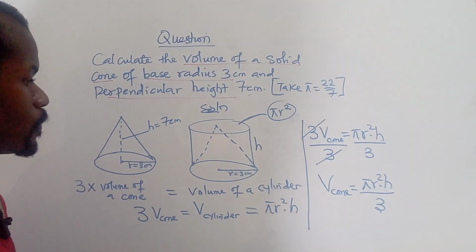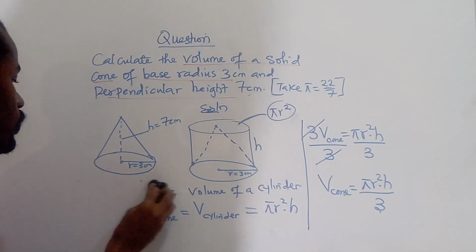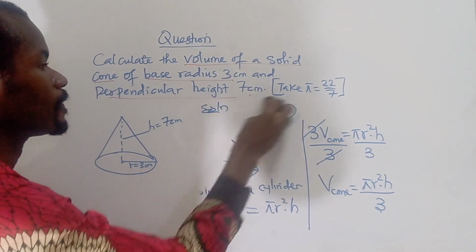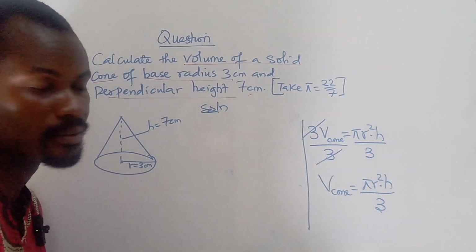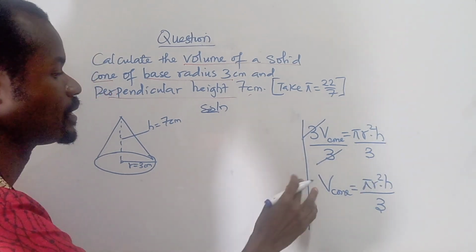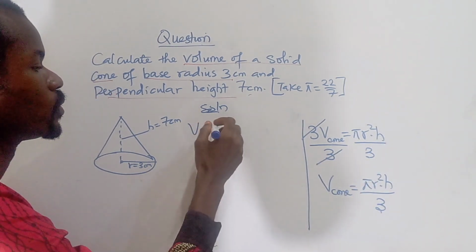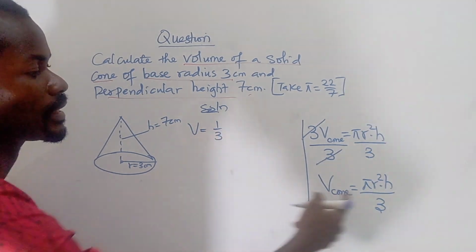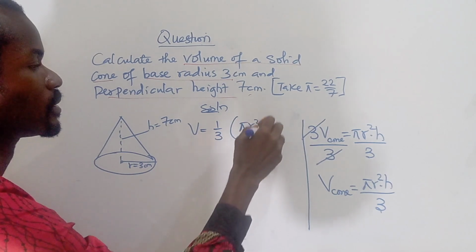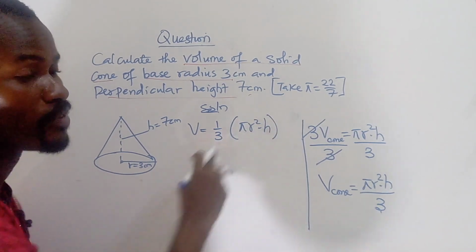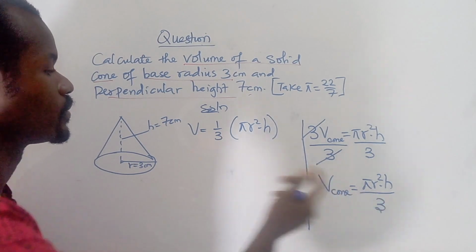Okay. So with this, we can now solve the equation. Sometimes this can also be written as the volume of a cone is 1/3 times pi r squared h. Most times you find this formula, but let's use this to solve.